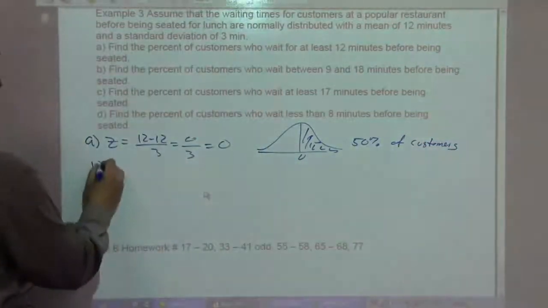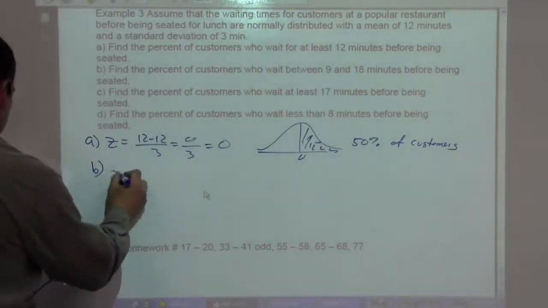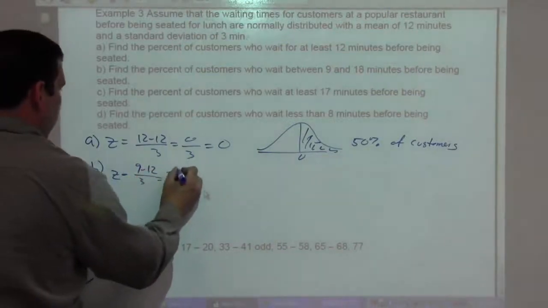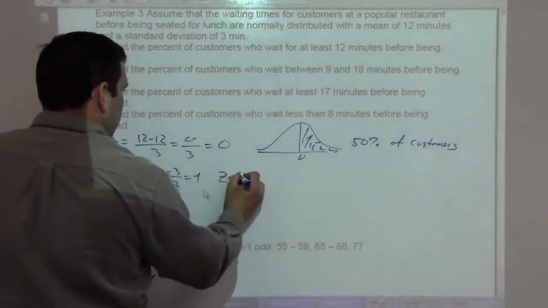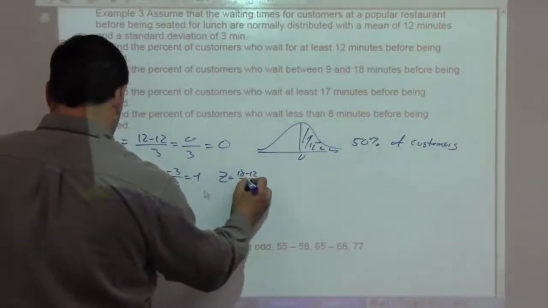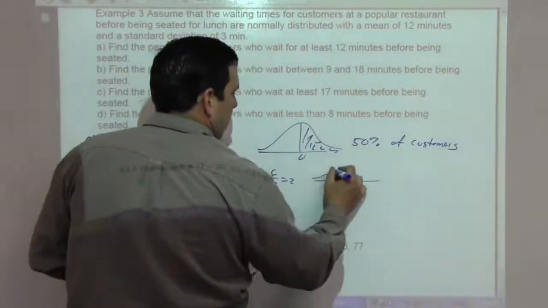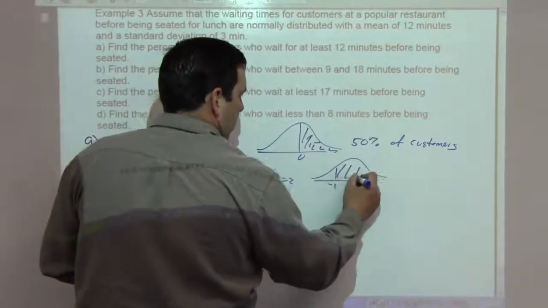For B, find the percent of customers who wait between 9 and 18 minutes before being seated. So z would be 9 minus 12 over 3, negative 3 over 3, which is negative 1. And z equals 18 minus 12 over 3, 6 over 3, which is 2. So we're looking at this curve from negative 1 to 2.